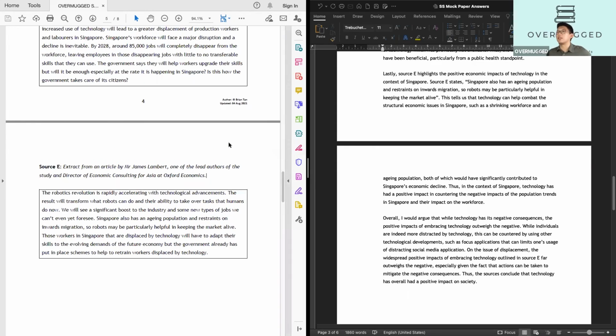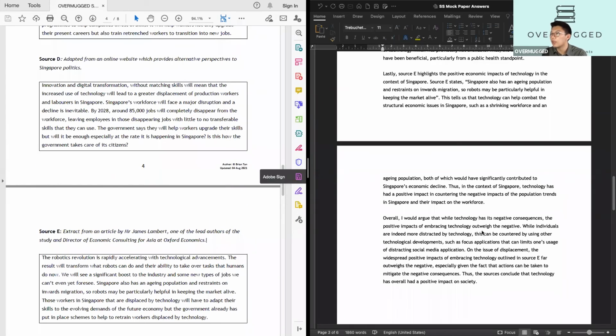However, in this case, a lot of it is a matter of perspective or facets of the issue, which is why you have to deal with the issues itself. Although you cannot deny that there has been negative impacts of technology, is there a way for us to mitigate it such that overall technology has been more beneficial? If yes, you can still argue that overall, the sources do show that technology has been more beneficial than negative.